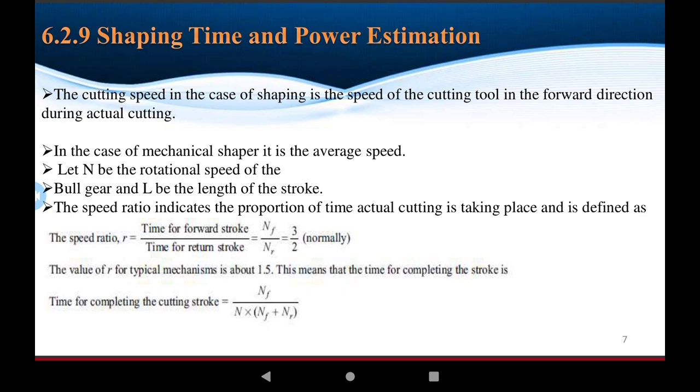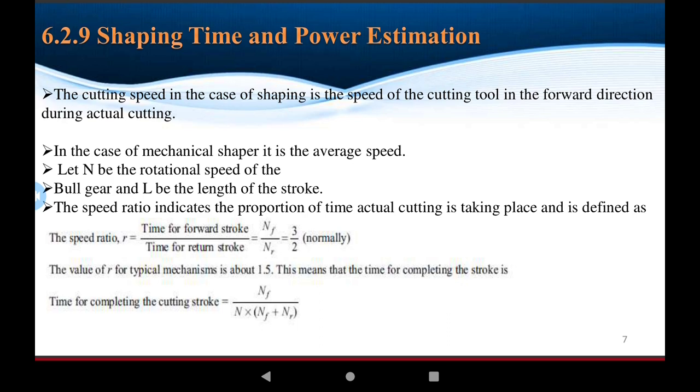Let N be the rotational speed of the tool and the workpiece, and the bull gear. The bull gear is also used, and L is the length of the stroke. Okay, the bull gear distance and the length of the stroke are the same.